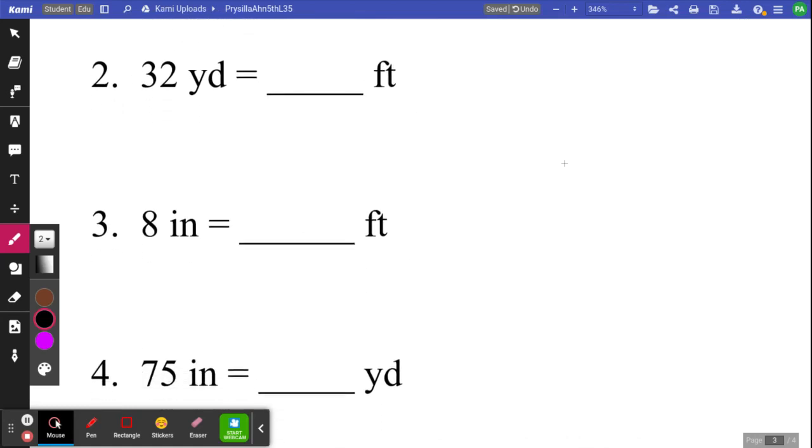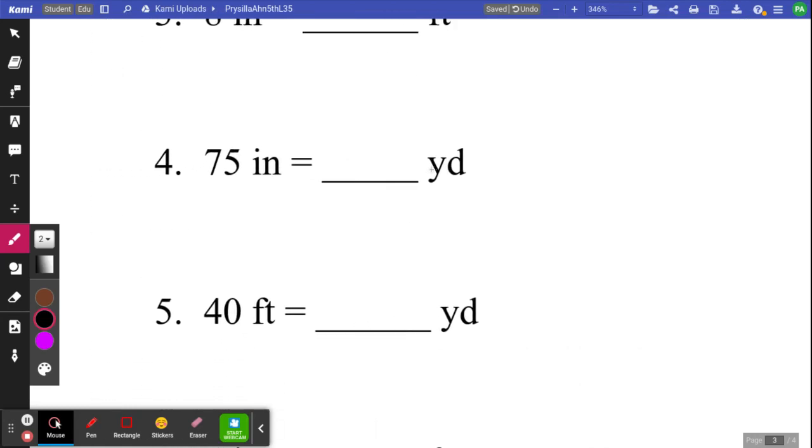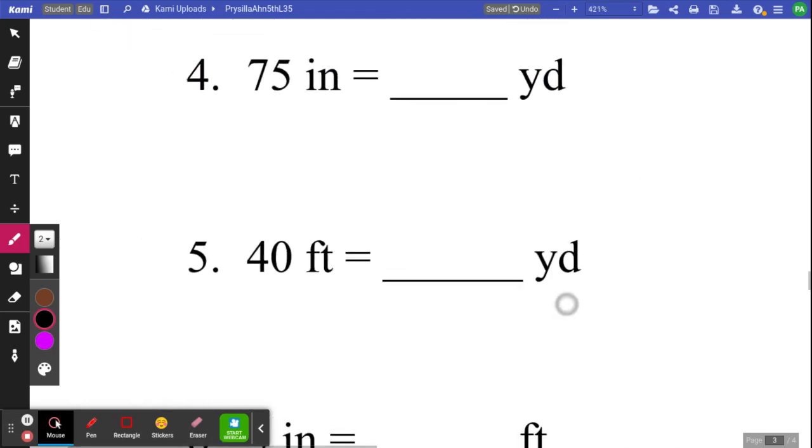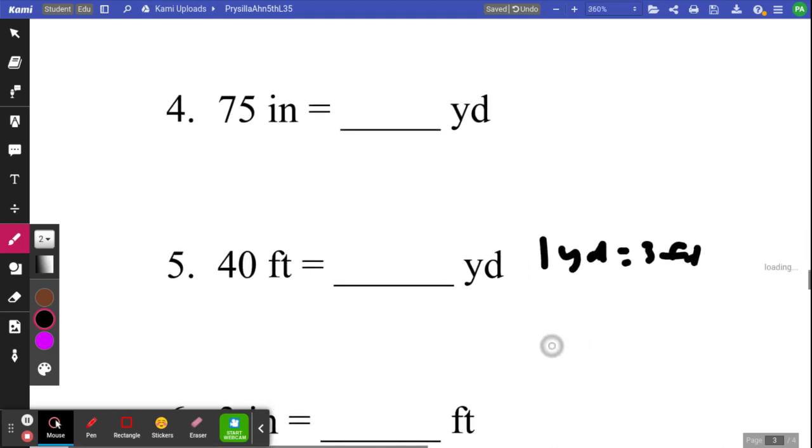However, for cases like number 5, so let's do feet and yard again, we know 1 yard equals 3 feet. And like I said, small to big, you're going to divide because bigger measurements have fewer numbers. So you would do 40 divided by 3.